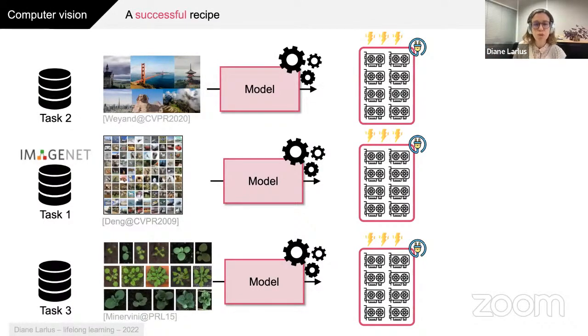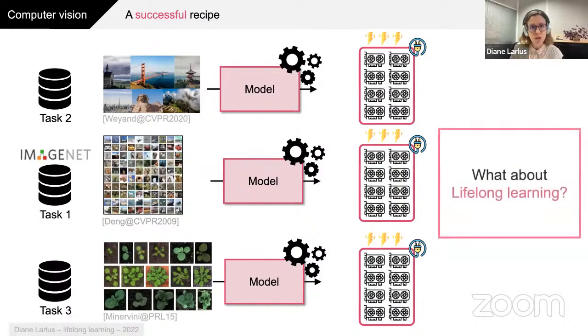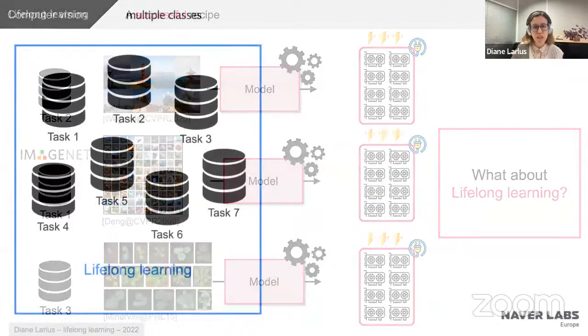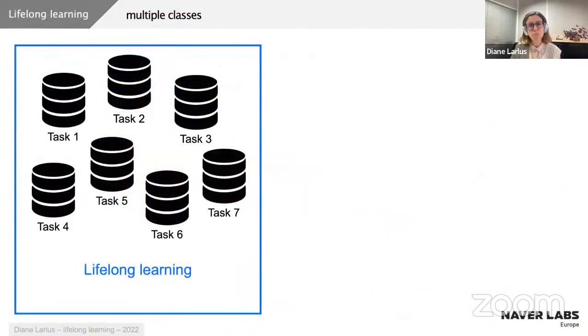So dealing with each new problem from scratch sounds like a giant waste of time, of memory, but also of resources. So can we do better than that? And this is what we'll look at with lifelong learning. So in lifelong learning, you know beforehand that you won't be solving a single task in isolation, but many.